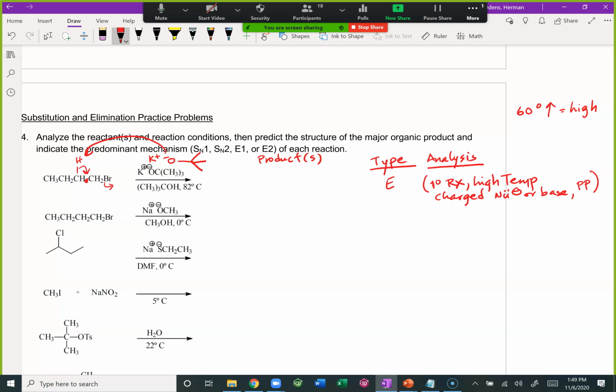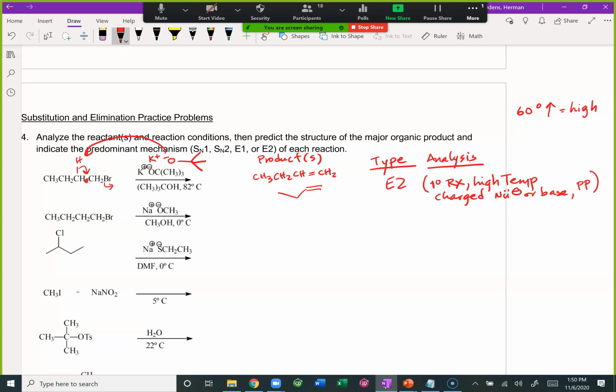So this is an E2, and we get CH3, CH2, CH, double bond, CH2. I don't like drawing condensed structures, but if you are like me, just make this linear structure. It's better and quicker for a test too. So then you make but-1-ene.